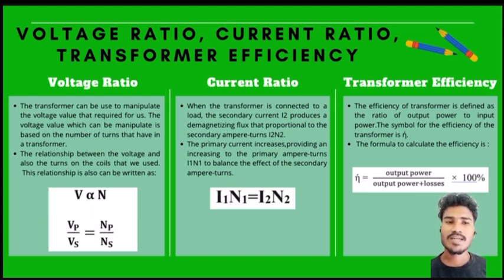When the primary current increases, it will provide an increase to the primary ampere turns, I1 and N1, to balance the effect of the secondary ampere turns. The formula used to find the current ratio is I1 over I2 equals N2 over N1.